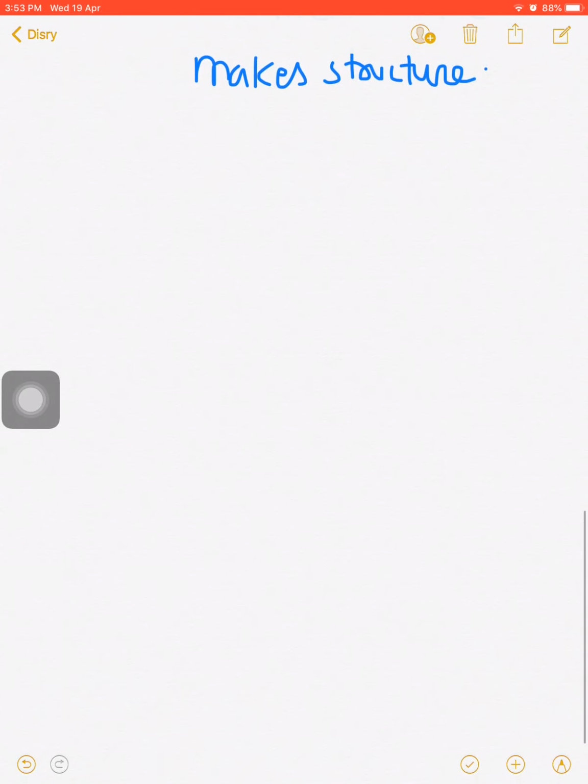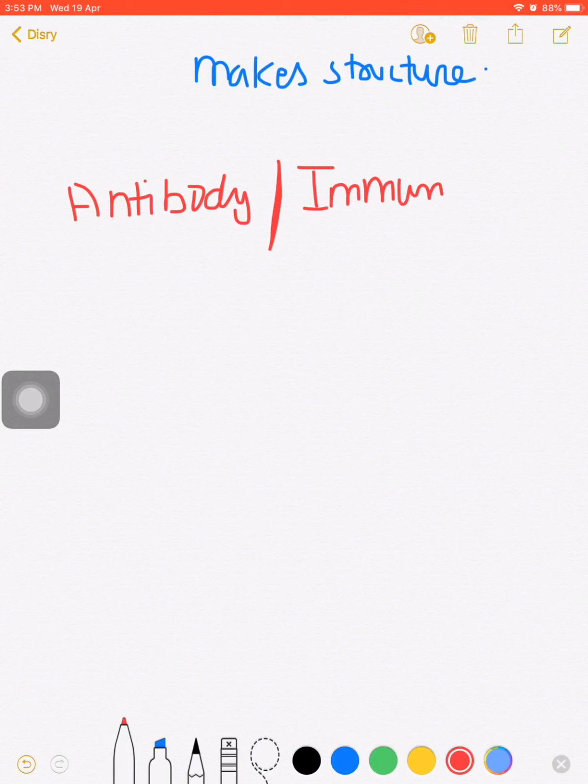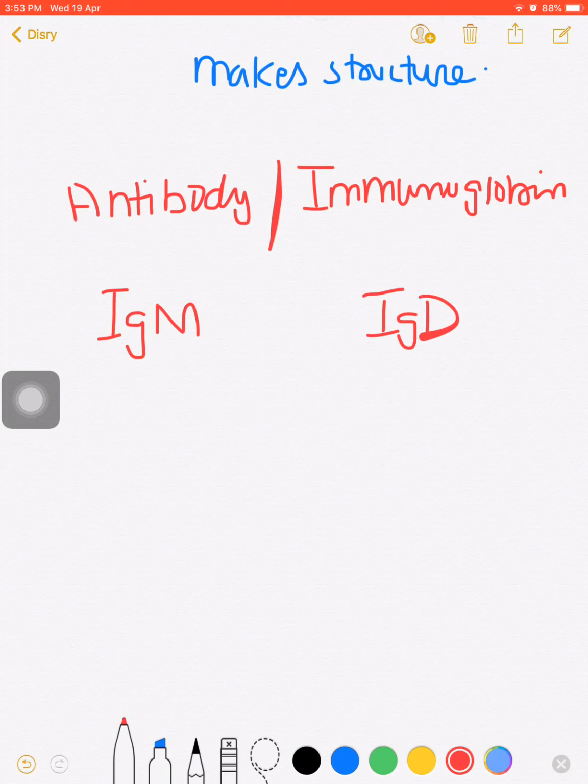Now, antibodies are also known as immunoglobulins. Antibody and immunoglobulin are the same thing. We have different classes of immunoglobulin, like IgG, IgM, IgD. What is the same and what is different?